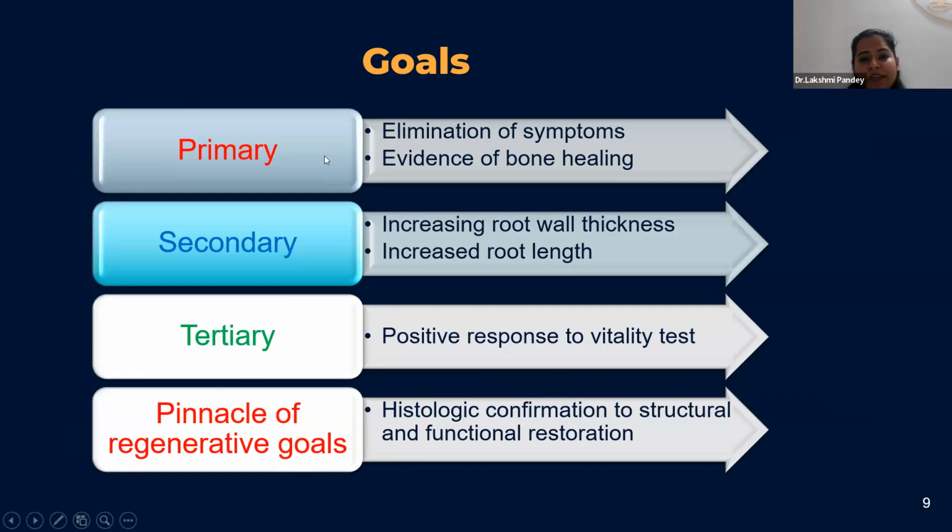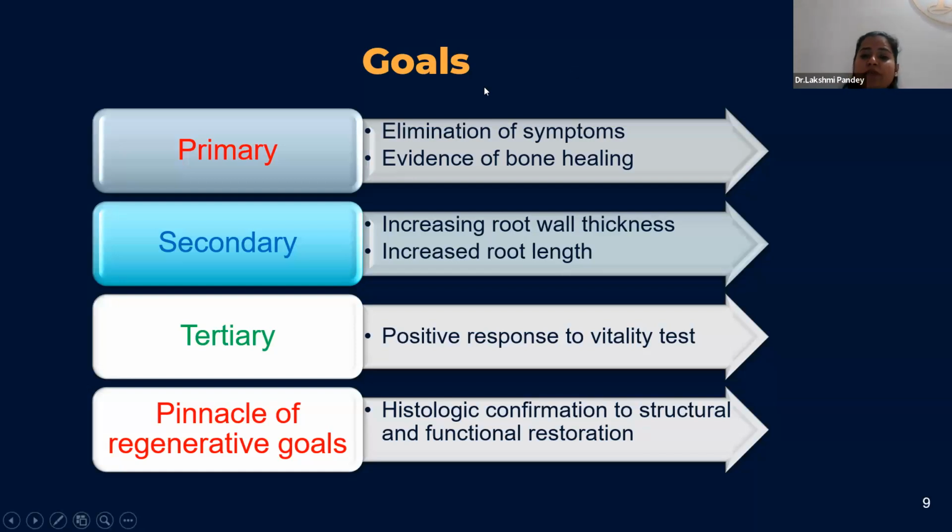First is primary: elimination of symptoms. When a patient with an immature tooth comes to you, they will have pain or pus coming out, so the first thing you have to do is eliminate the symptoms. Evidence of bone healing should be there. Even if a lesion is present, it should subside and bone healing should be seen.